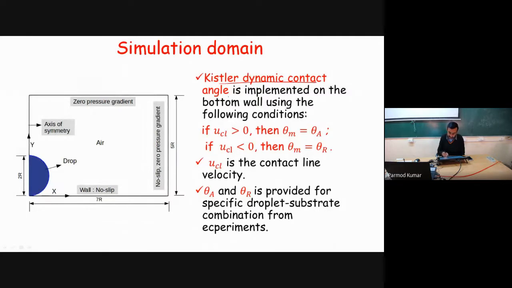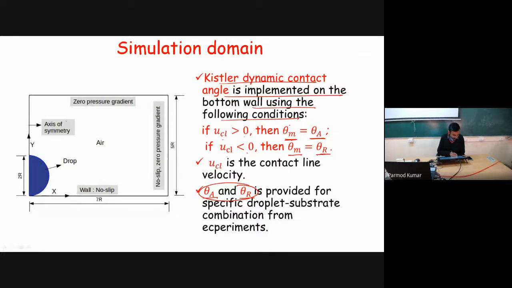This Kessler's equation is implemented on the bottom wall, and we have considered that when the contact line velocity is greater than 0, then in Kessler's equation theta m must be equal to the advancing contact angle, and when UCL is less than 0, then theta m equals theta r. Okay, and theta a and theta r for different drop and solid surface combinations we have experimentally determined, and these are supplied as a boundary condition.